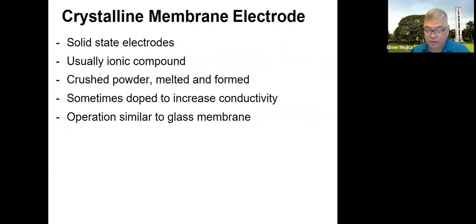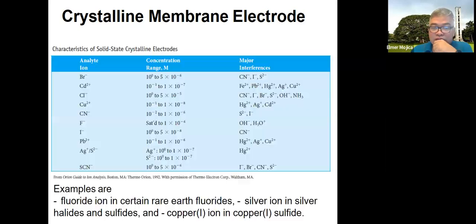Now for the crystalline, if ever we already discussed it. The main crystalline membrane electrode that is being used is what we call the fluoride electrode. It's a solid state electrode, usually an ionic compound, crushed powder, melted and formed, sometimes doped to increase conductivity, and operation is very similar to the glass membrane.